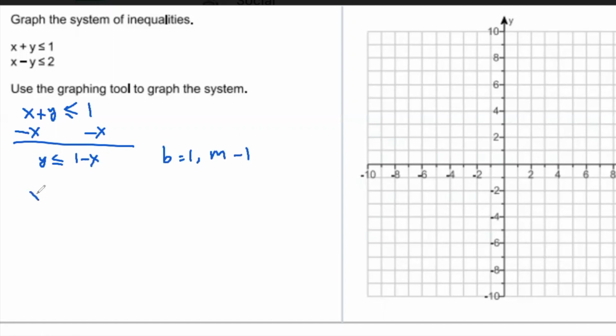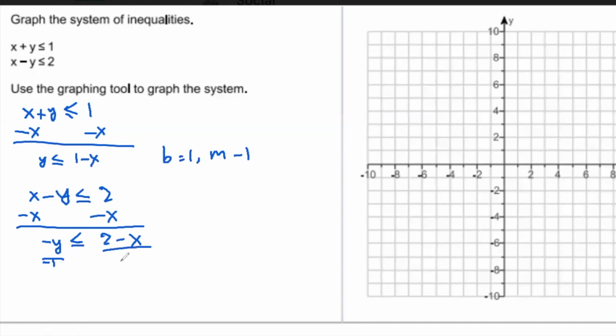For the second equation, also we subtract x from both sides. Then we get negative y is less than or equal to 2 minus x. Now to get rid of this negative, we have to either multiply or divide both sides by negative 1. So let's divide by negative 1 on both sides. And when we are dividing the inequality by a negative number, then we have to switch the direction of the inequality.